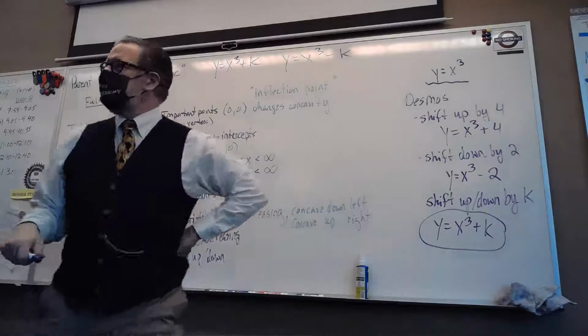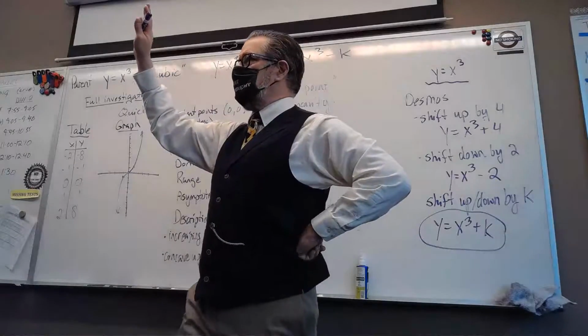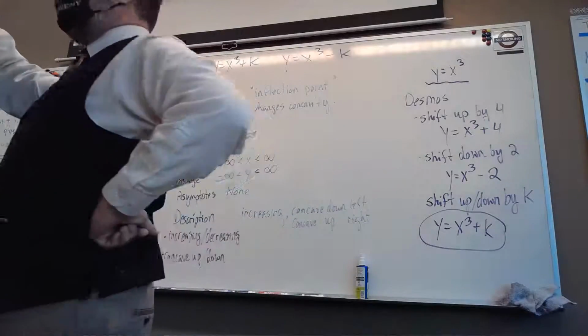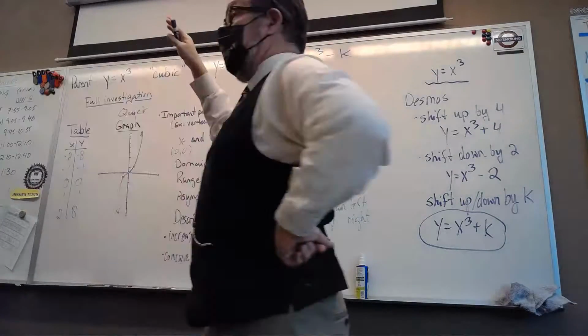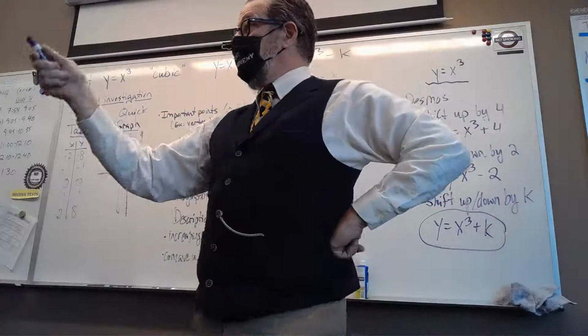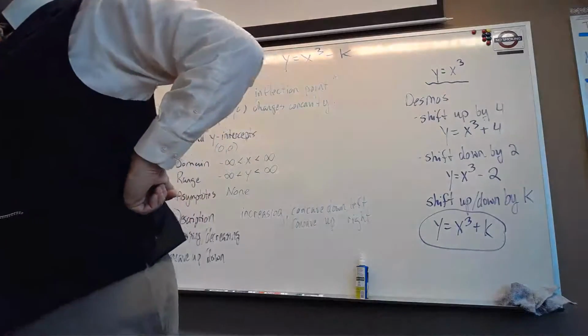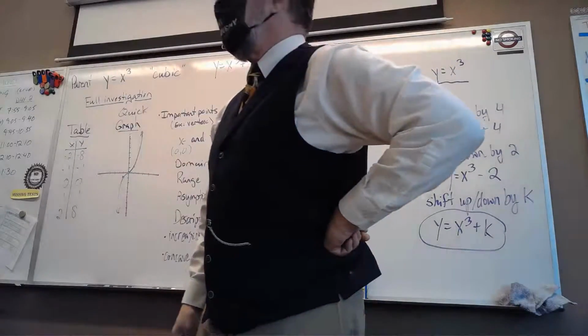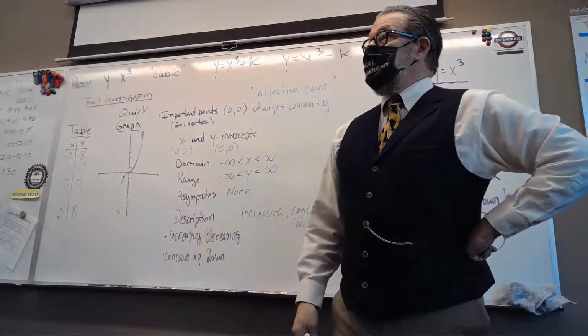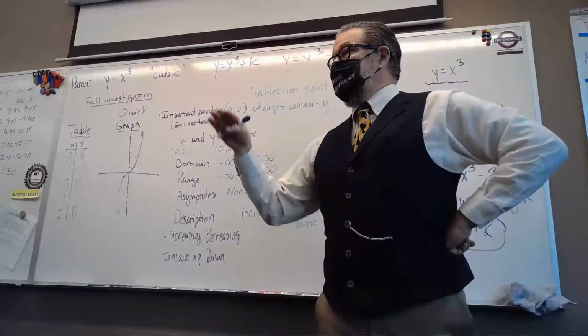Here's a question. Who's got a slider in their computer right now for k? Who's got y equals x cubed plus k in there with a slider? Xander, what happens if you drag that slider to the left? What happens to the value of k, and what happens to the graph? There goes down. And what's the value of k when it's going down?